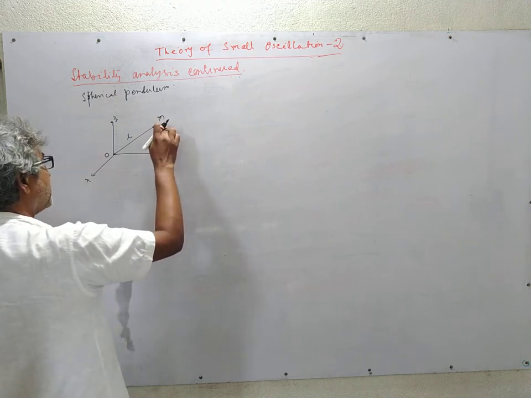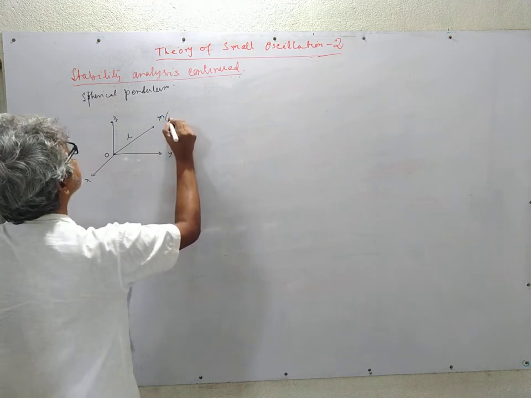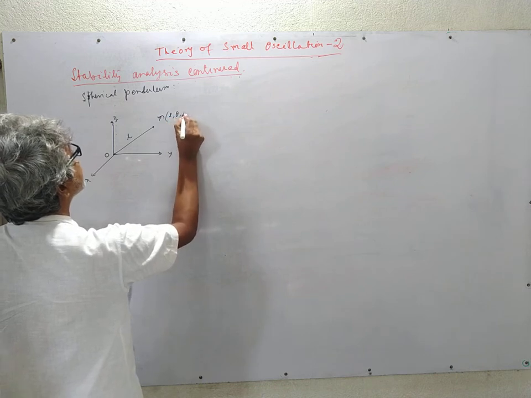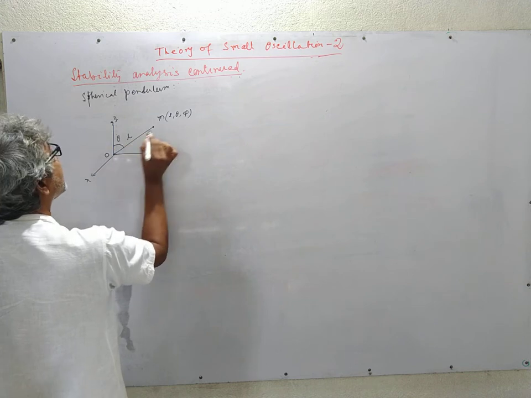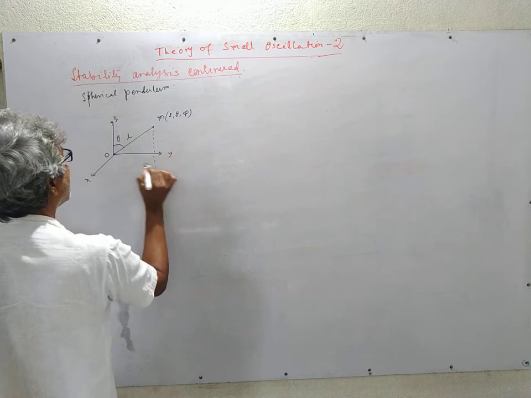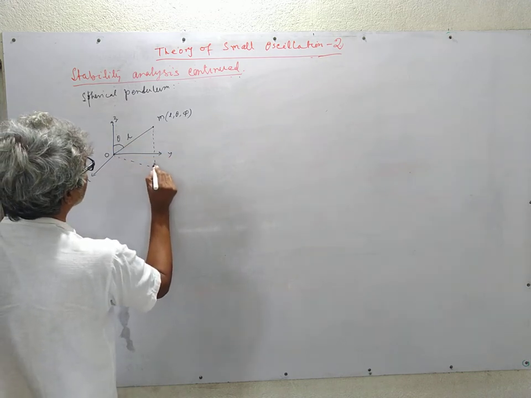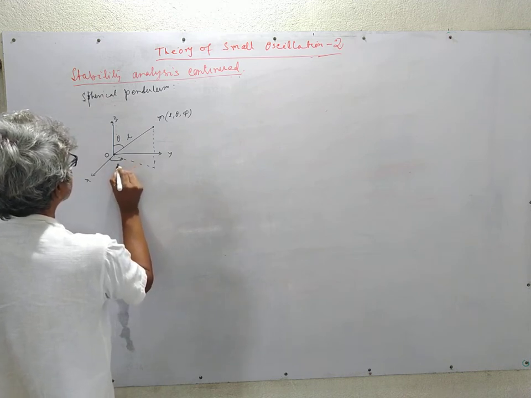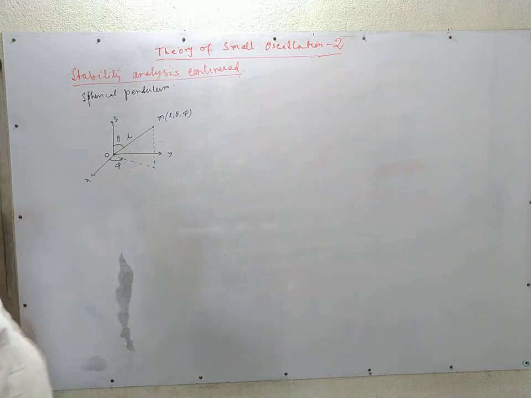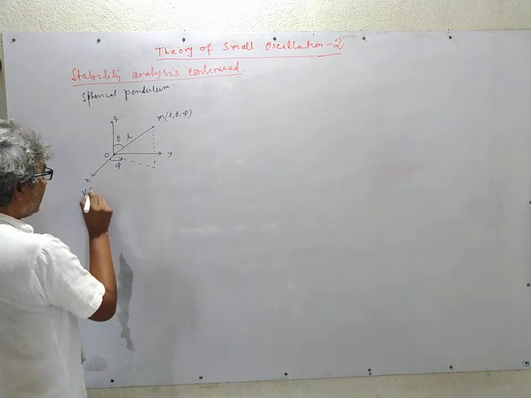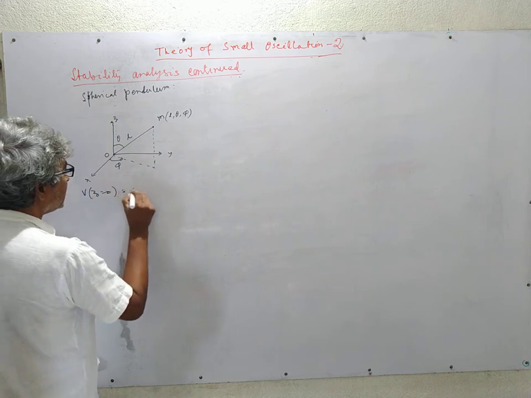The coordinates of the mass, when represented in spherical polar coordinates, are r, theta, phi, where theta is this angle, and phi, as usual, is this angle. If we consider the z equal to 0 plane to be the 0 level of potential, so V at z equal to 0 is equal to 0.